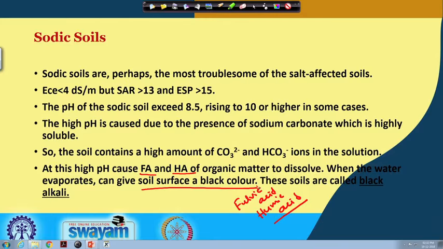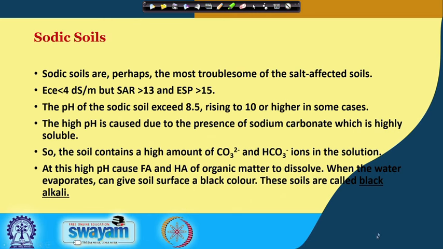These soils are thus called black alkali soils. So sodic soils are also known as black alkali soils when they are black in color due to the dissolution of fulvic acid and humic acid under high pH conditions.